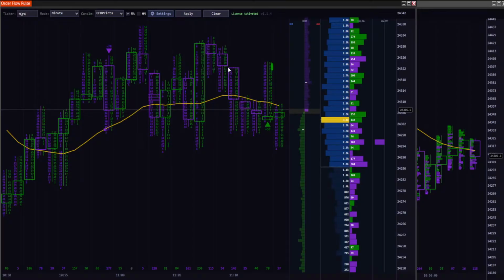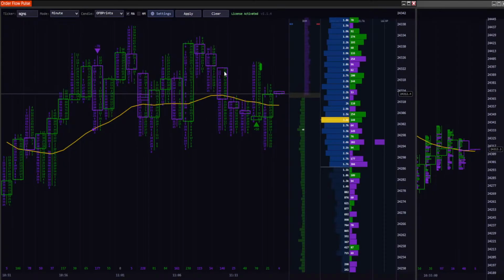If you can just lower your contract size. If you're used to trading 1 mini, lower it to like 2 or 3 micros. Just survive. Try to make a little bit and just survive until all this settles down.